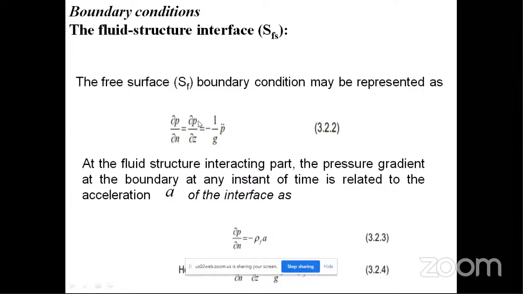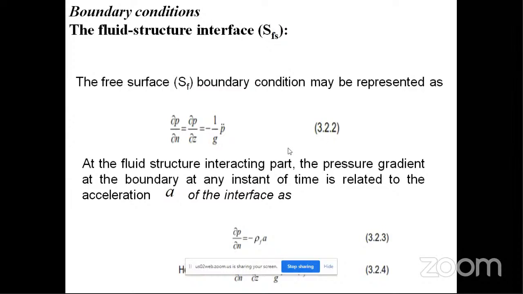It is along the z direction, so I have converted it into del p by del z, which equals p double dot by g. Here p is the dynamic pressure, and p double dot is how the pressure varies with time, divided by g.